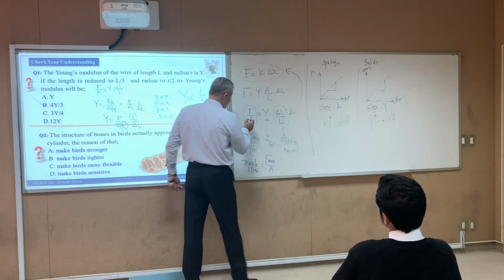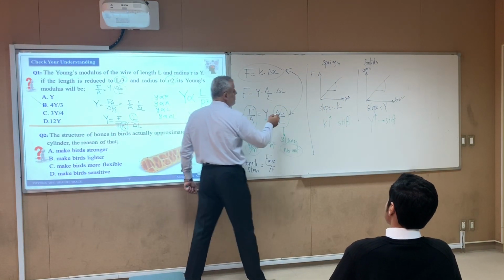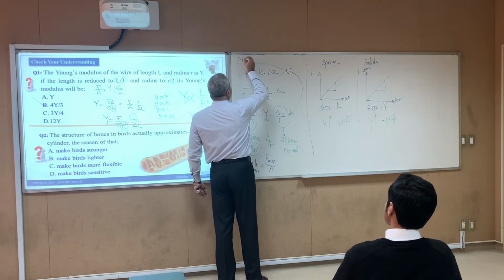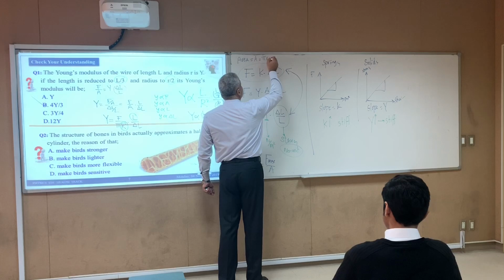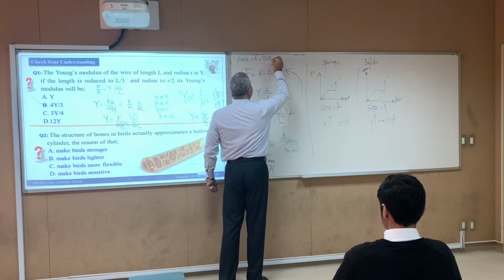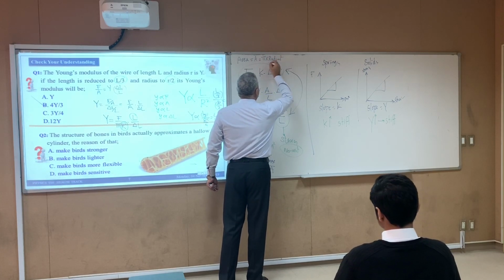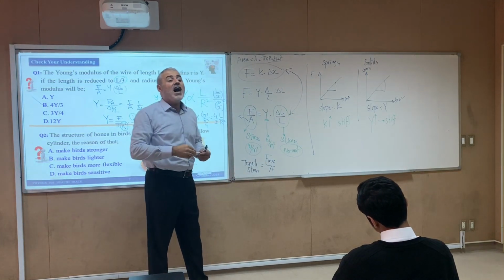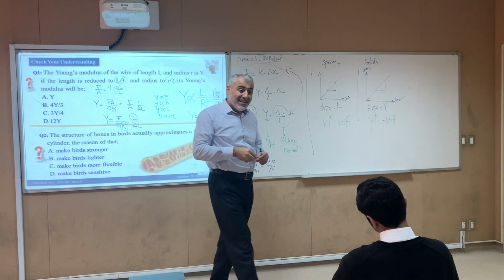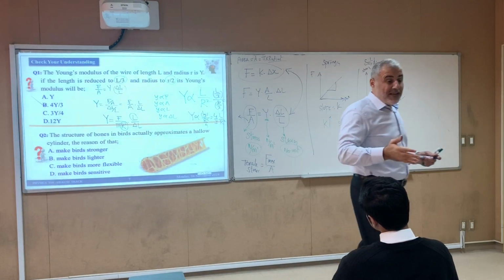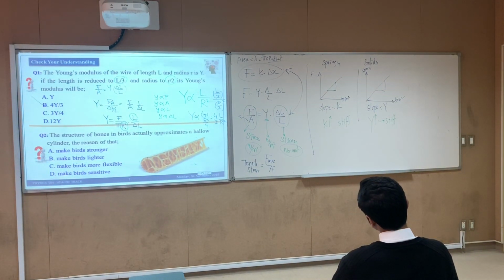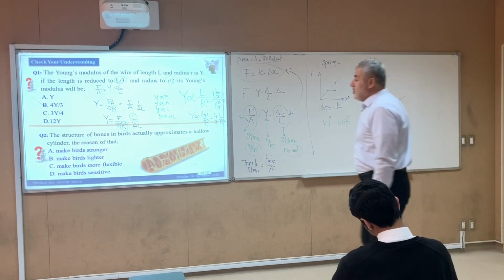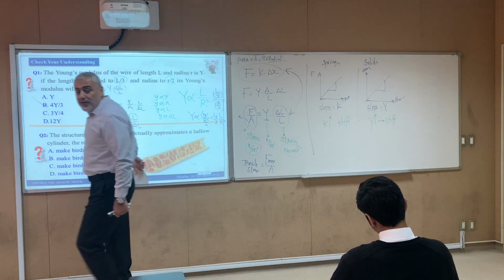The area A is equal to pi times radius square. And the radius is half of the diameter. The diameter is the full width and the radius is half of it. If I give you a diameter of 10, then the radius is 5 only. Is it clear? Is there any question about this?